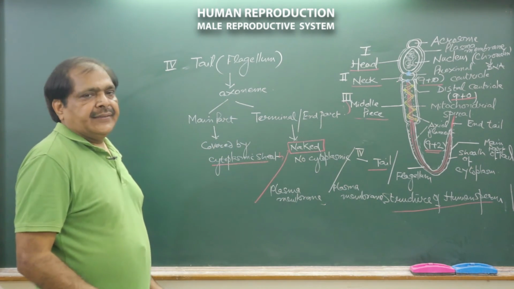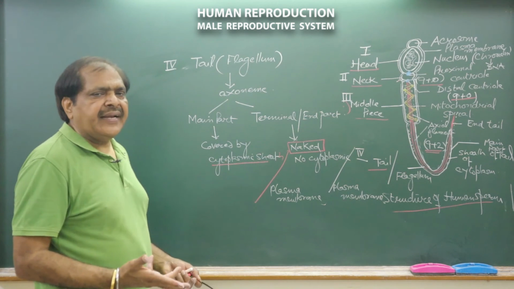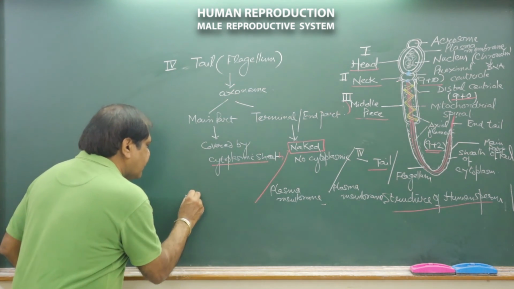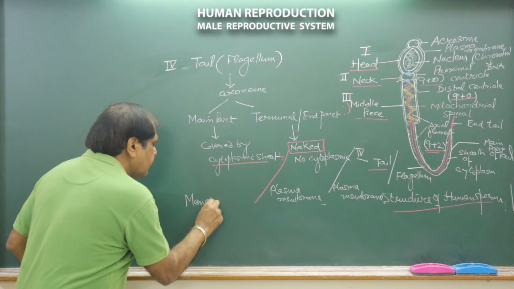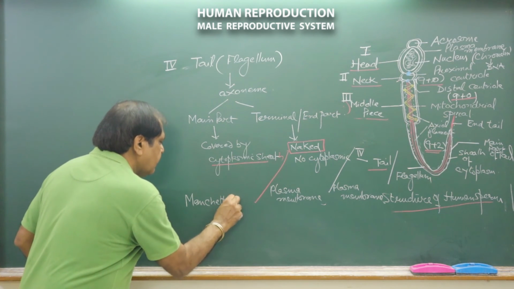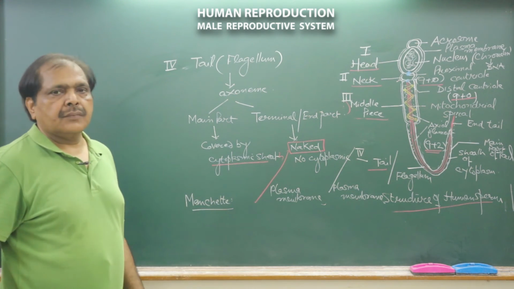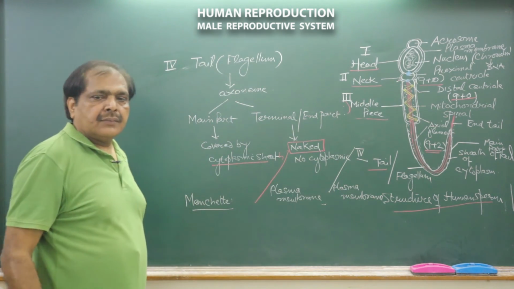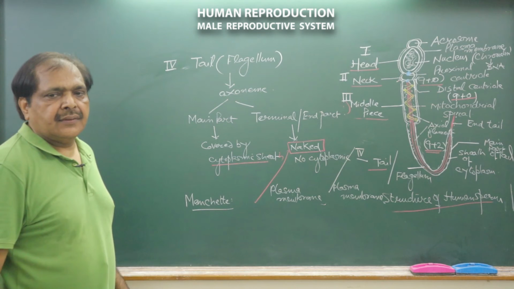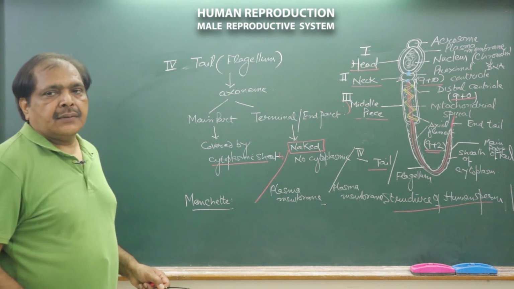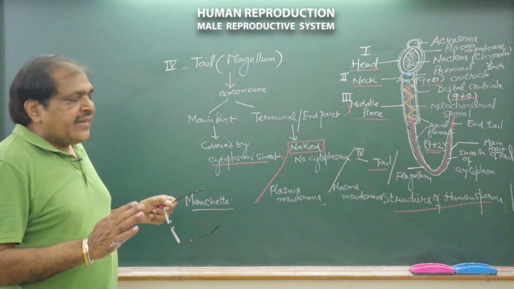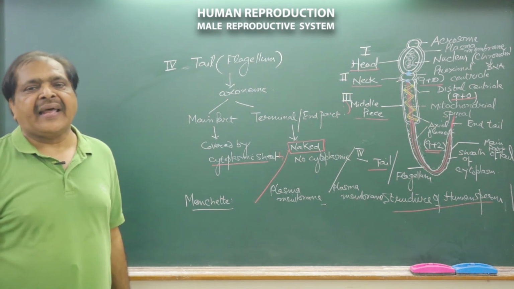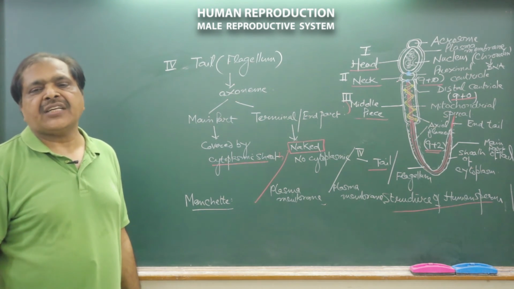Now at the end, I explained earlier also what is the NCERT sheath. The cytoplasmic sheath which is formed in the middle piece around the mitochondrial spiral is known as the NCERT sheath.